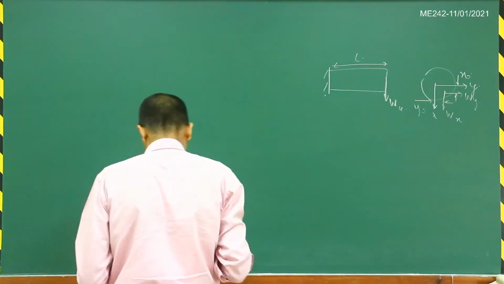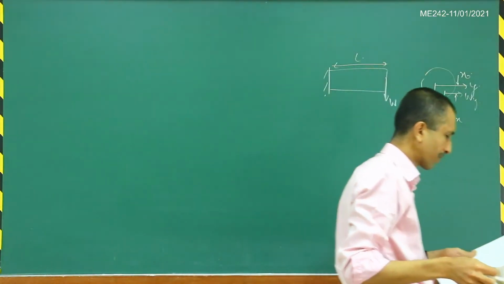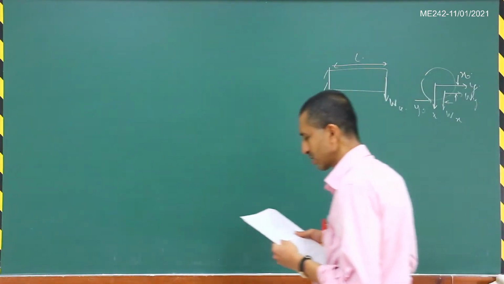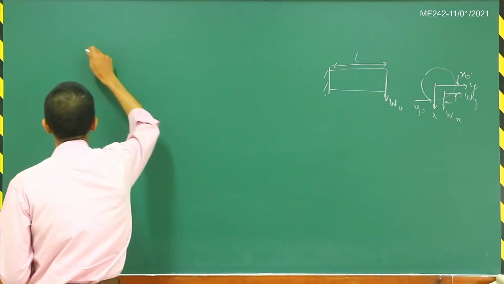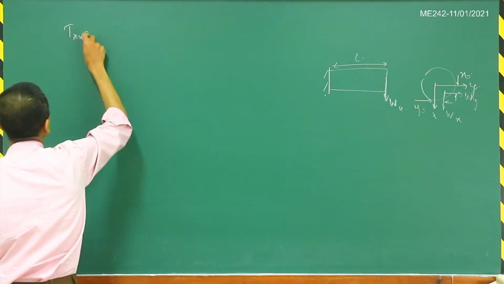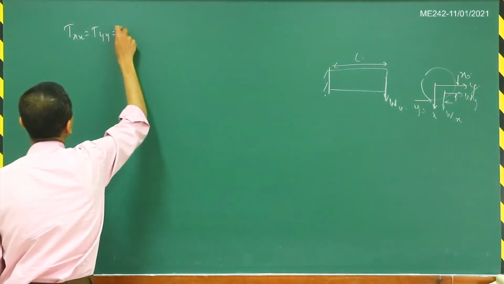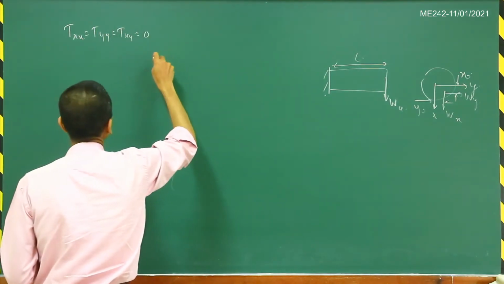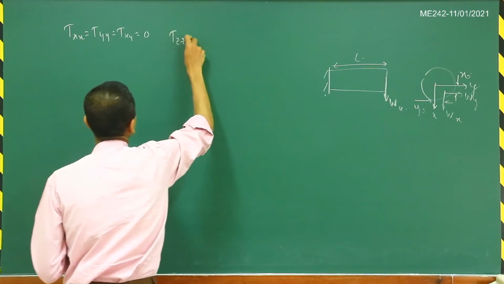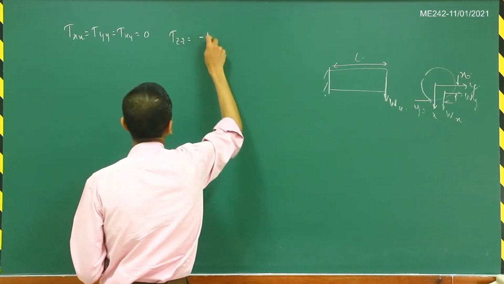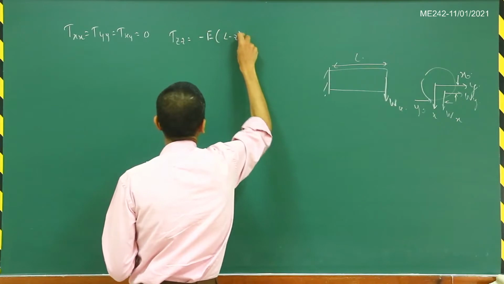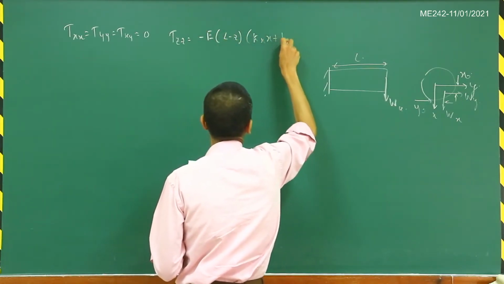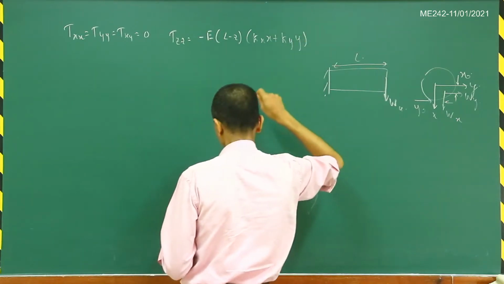So last time we made certain assumptions about the stress field. Let me just write down those assumptions here. So this is tau xx is equal to tau yy is equal to tau xy is equal to 0, and tau zz is equal to minus E times (L minus z) times (kappa x times x plus kappa y times y).